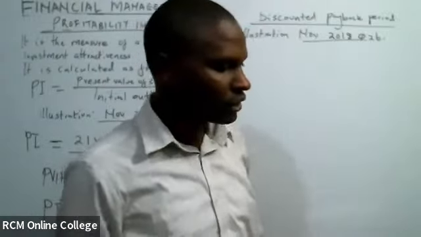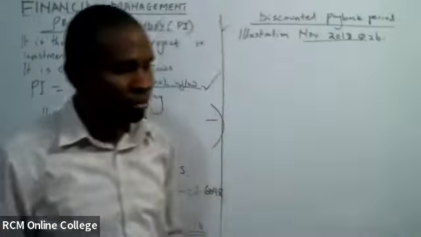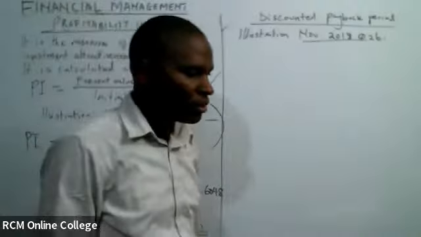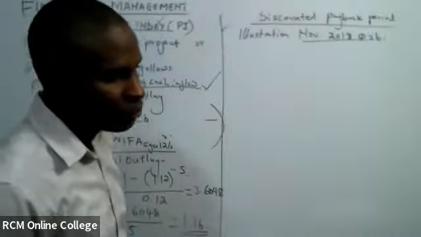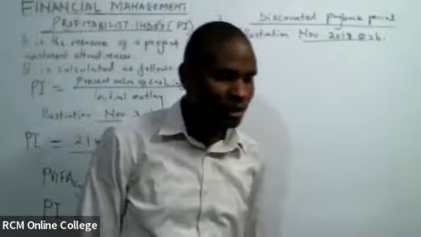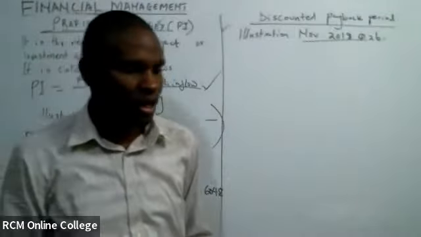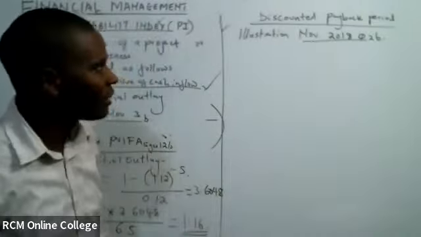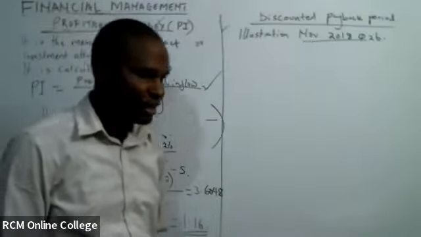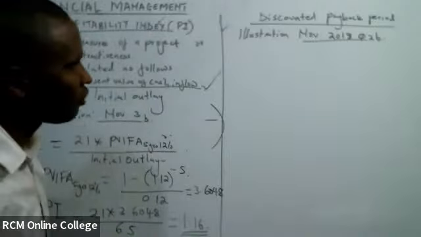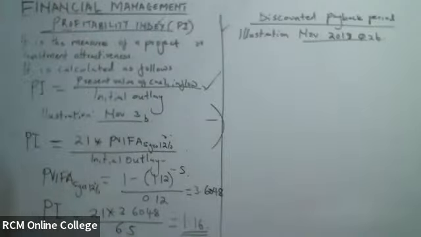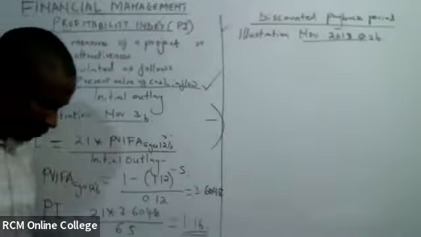I say, discounted payback period gives the number of years it takes to recover the initial investment by discounting the future cash flow and recognizing the time value of money. I hope you are done.